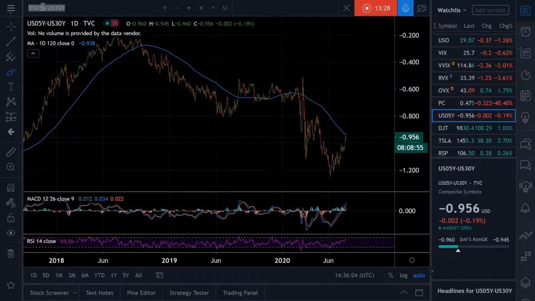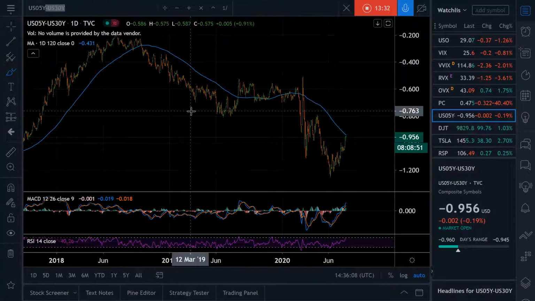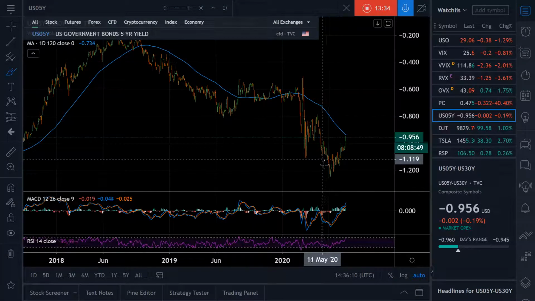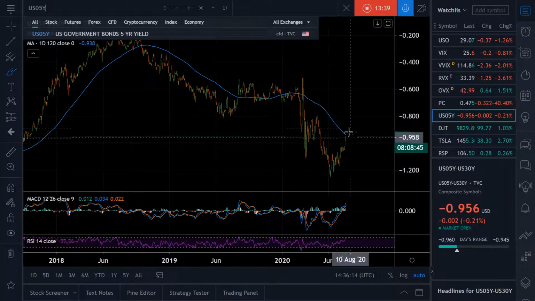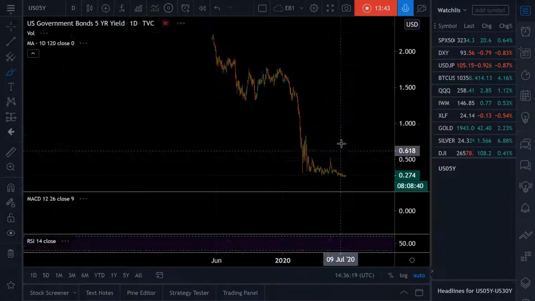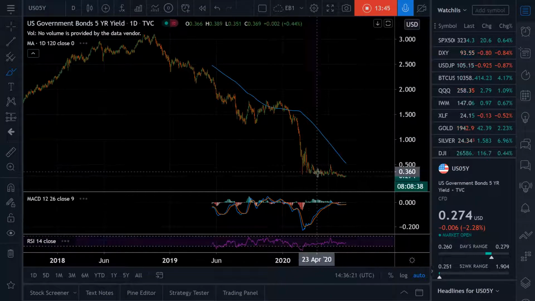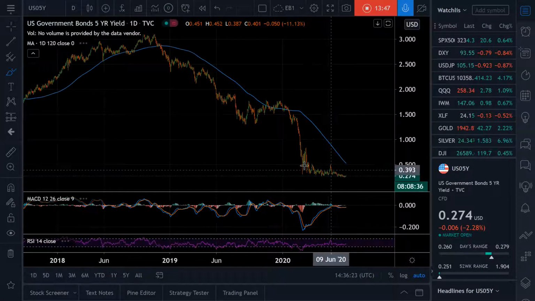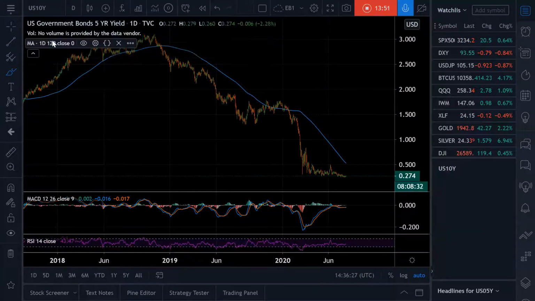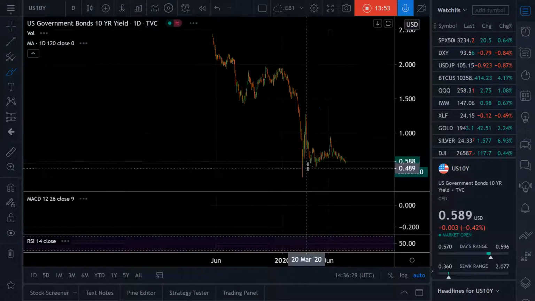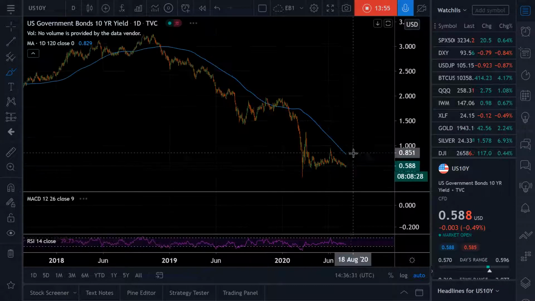And if you go look at some different time lengths on the Treasury yields, you can see like the 5-year is pretty flat, maybe breaking down a little. And then if you look at like the 10, it's more rounded. It's making more of a move down here.